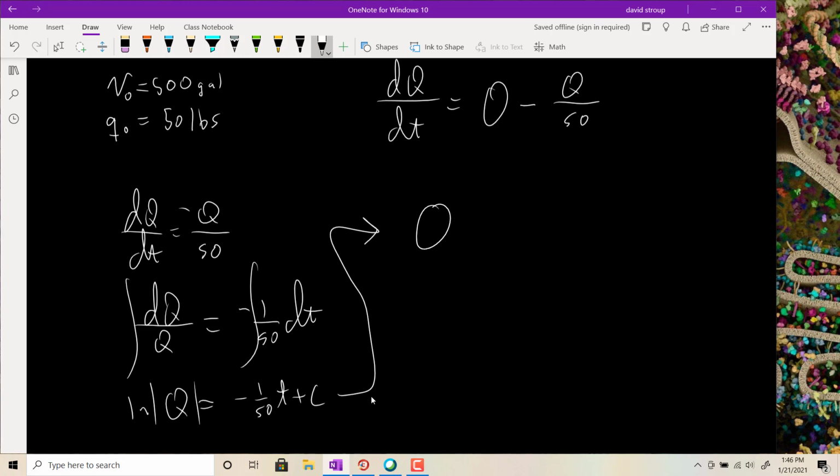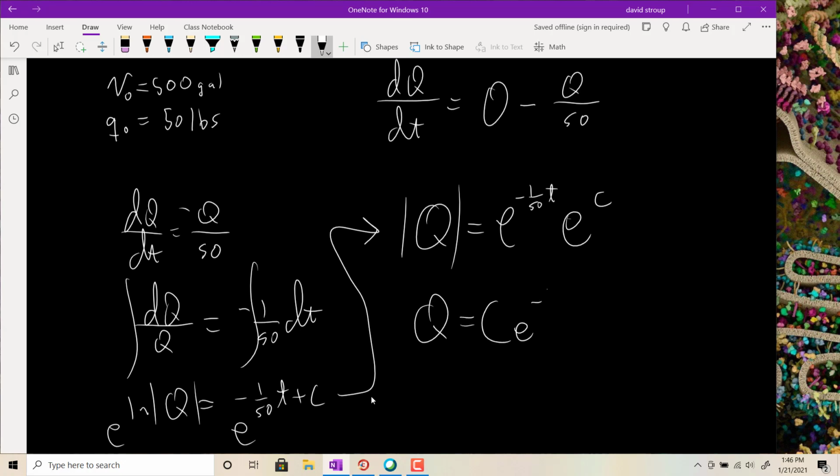And then solve that. I'm exponentiating, so you end up with e to the negative 1/50th t times e to the C, and so Q will equal C e to the negative 1/50th t.